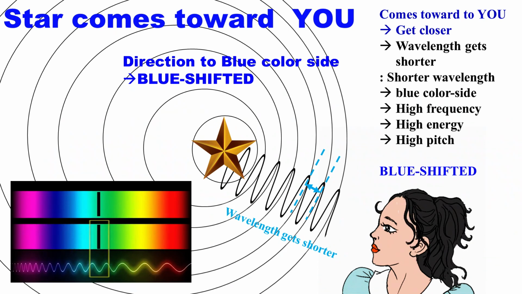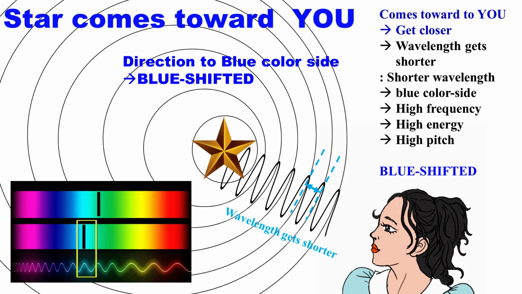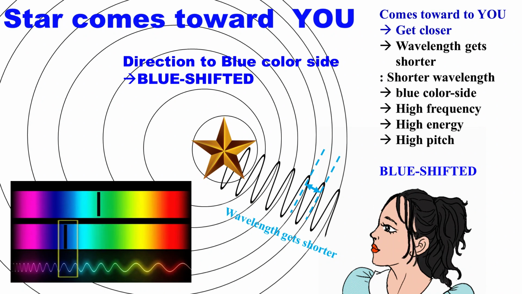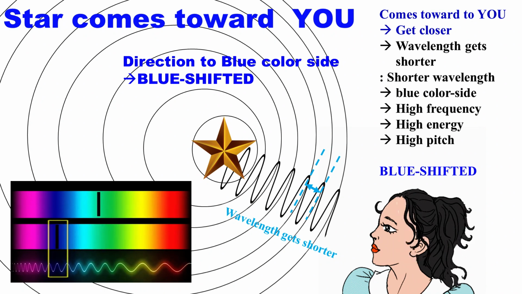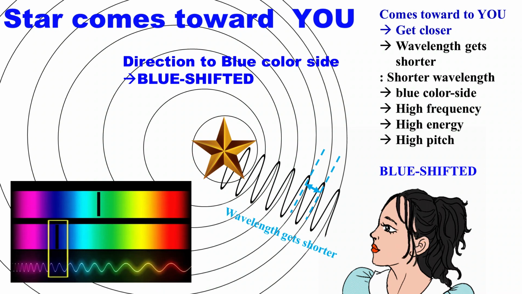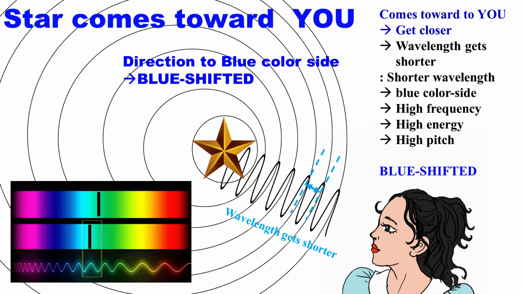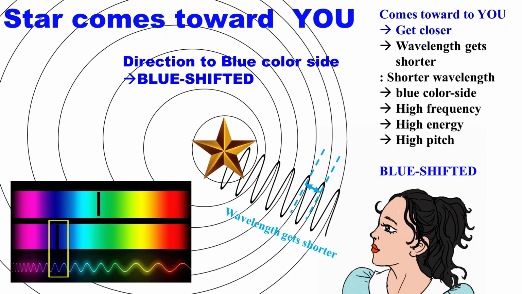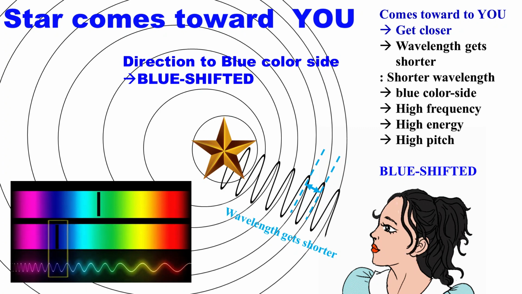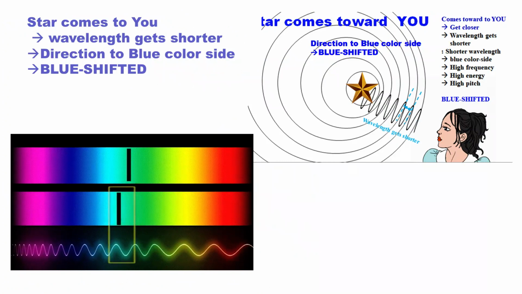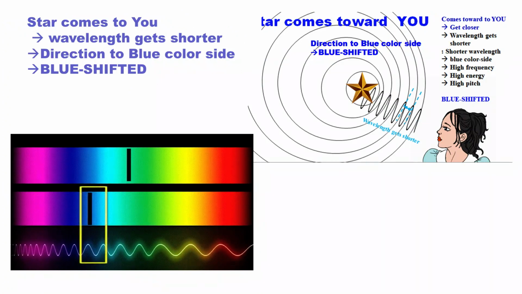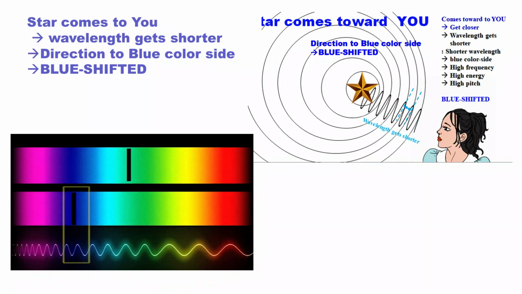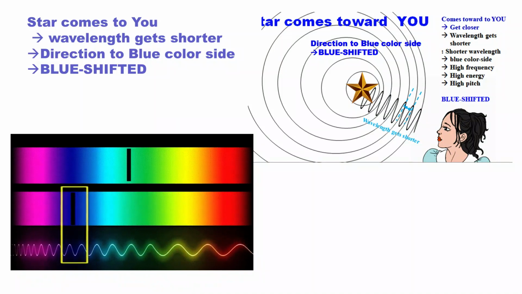The scientists can observe the wavelength changing toward the blue color side. We can see the wavelength changing here in the spectrum. So the star comes to you, the wavelength gets shorter, in the direction of the blue color side.